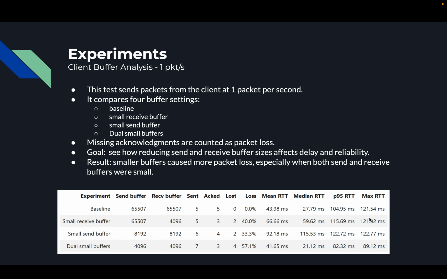The small send buffer case also showed high delay, with a median RTT of about 115.5 milliseconds and 33.3% loss. The dual small buffer case had the highest loss rate at 57.1%. Although the received packets had lower median RTT, overall, shrinking buffers made the system less reliable, mainly by increasing packet loss.